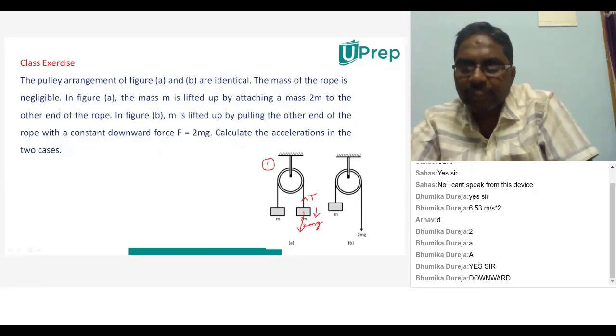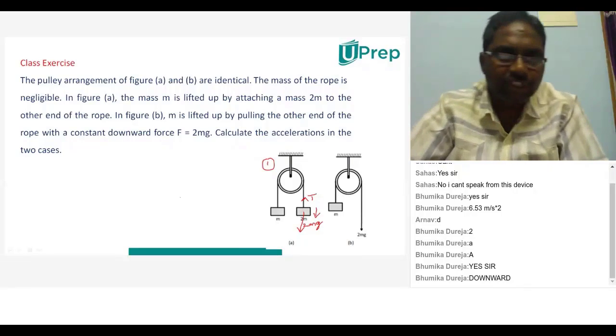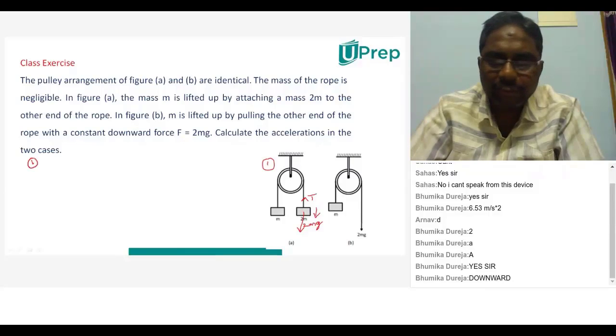So that means for this particular mass, whatever I wrote with some symbols here, now the resultant force I can write like this. This is the first case. For the first case, the first equation I am writing like this: 2mg minus T is equal to the resultant force, and that resultant force will be equal to 2ma, isn't it?